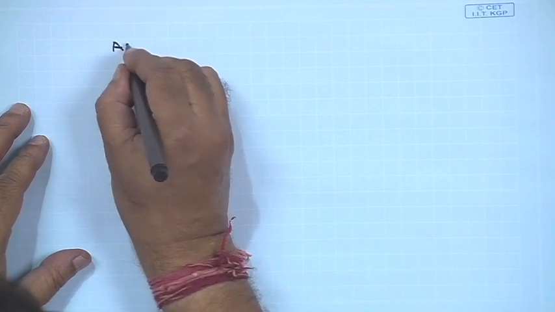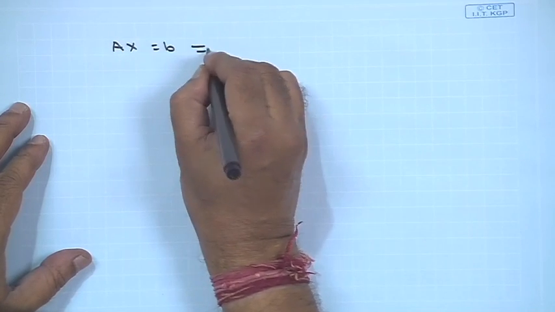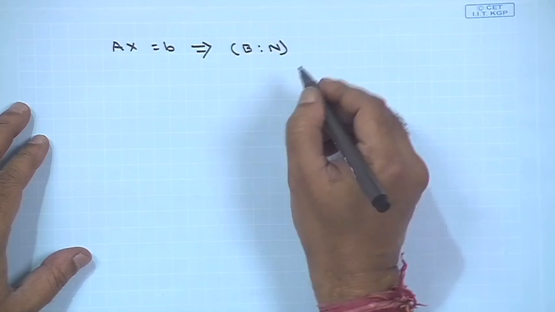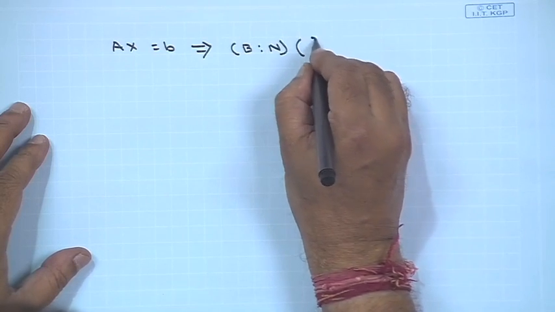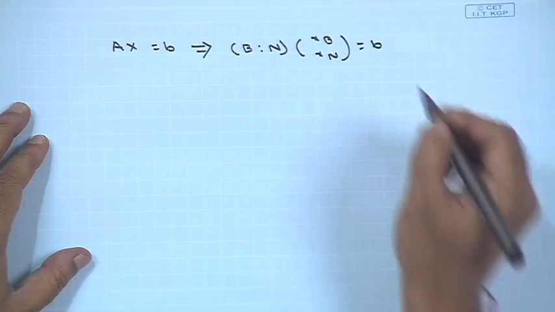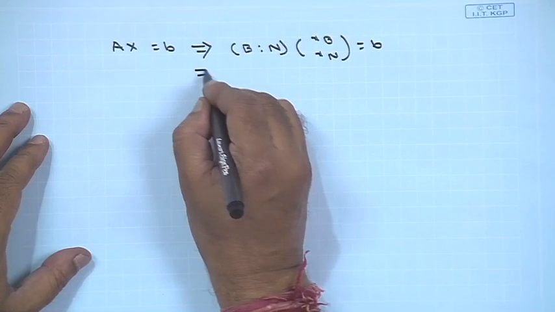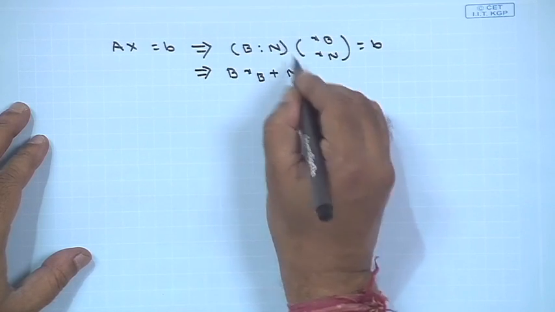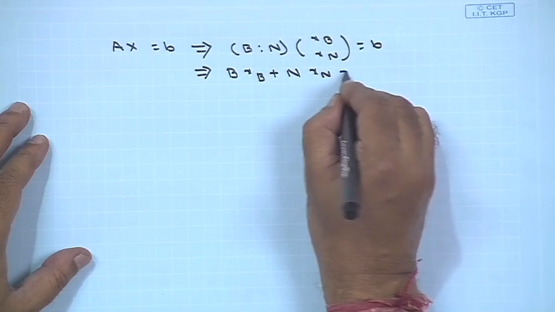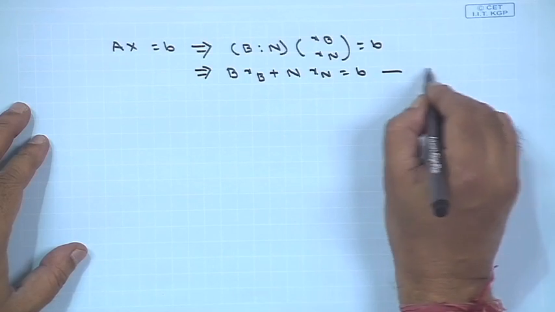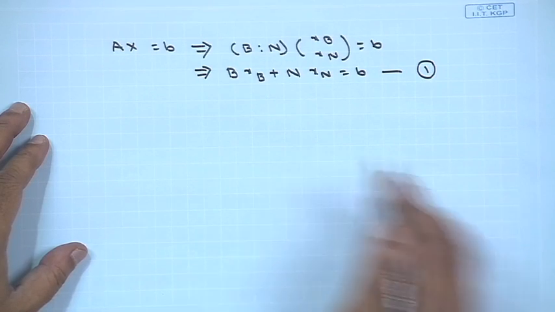Ax equals B, which we can write, from the earlier notation, with A as [B N] and x as [xB xN], equals B. This implies B xB plus N xN equals B. This is equation number 1.